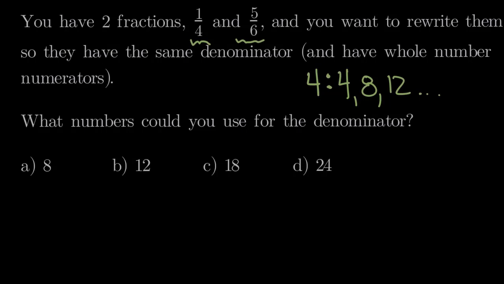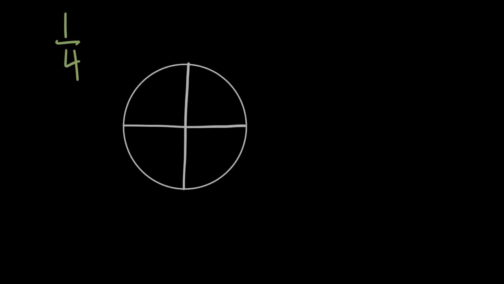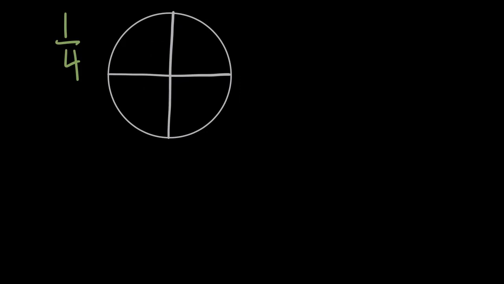Why we can't just pick any number, but we have to pick a multiple of our denominators. So the fraction we were just talking about was 1/4. We could look at either one, but let's look at 1/4. Here we have a picture showing fourths. And to show 1/4, we shade one of these 4 equal size pieces.